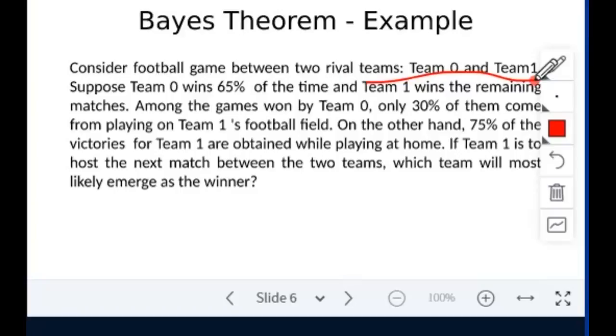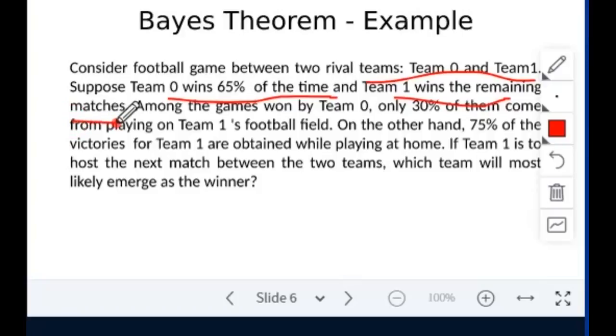Suppose Team 0 wins 65% of the time. So remember how many times Team 0 is winning: 65% of the time, and Team 1 wins the remaining matches.